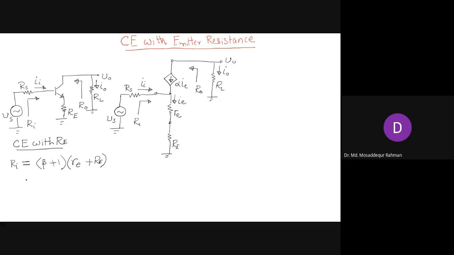And that we can break down like this: beta plus 1 small re plus beta plus 1 capital RE.